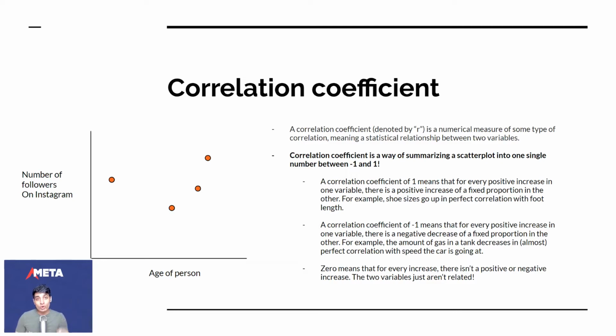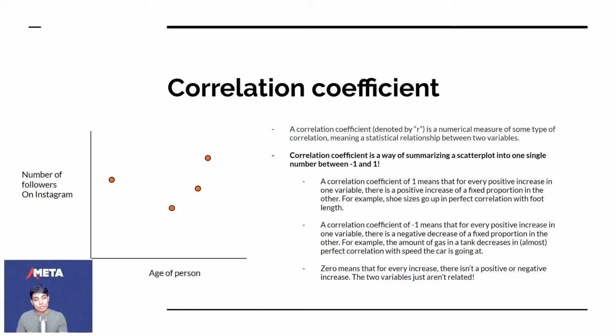A correlation coefficient, which in most research papers is denoted by the symbol R, is a numerical measure of some type of correlation, meaning a statistical relationship between two variables. The correlation coefficient is a way of summarizing a scatterplot into one single number between -1 and 1. A correlation coefficient of 1 means that for every positive increase in one variable, there's a positive increase of a fixed proportion in the other.